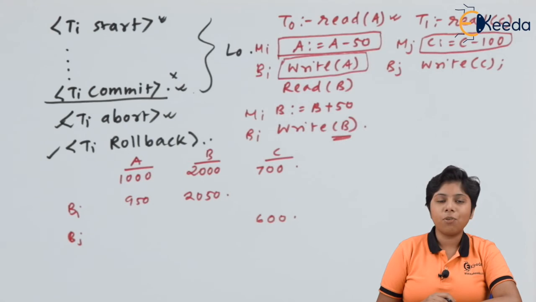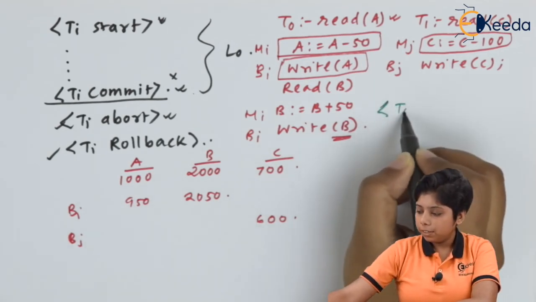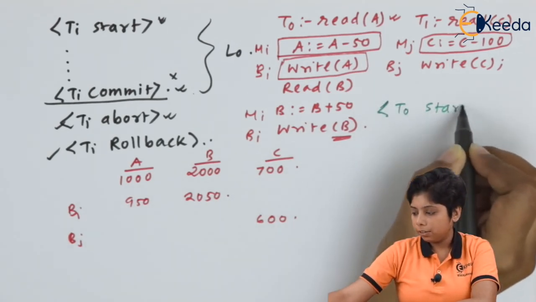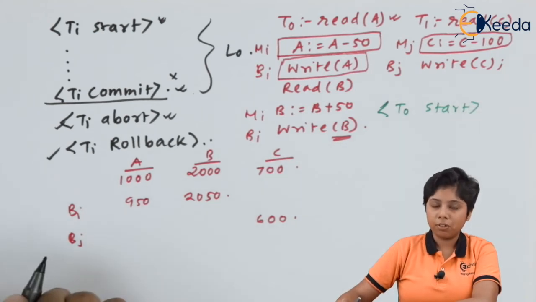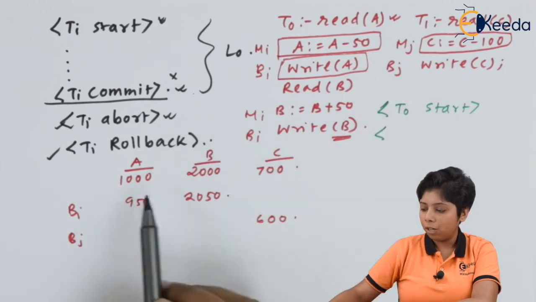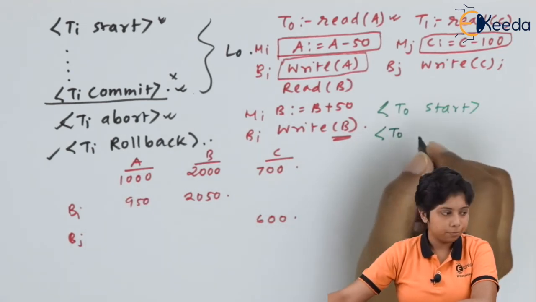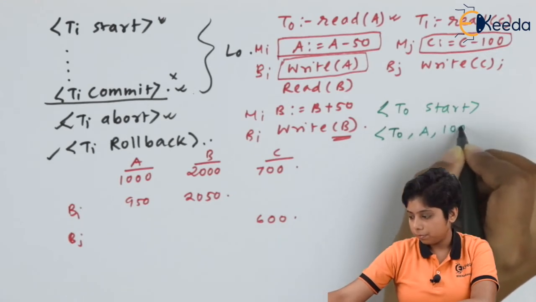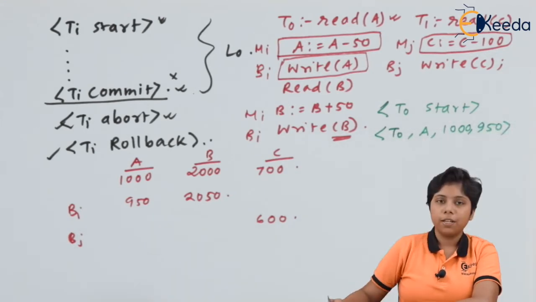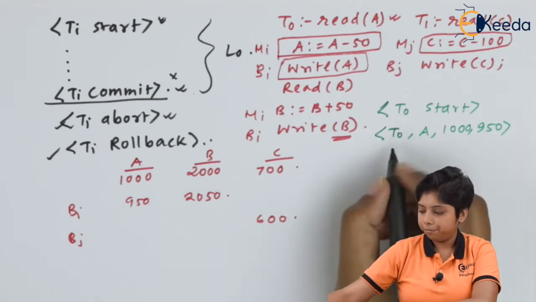Now how can we write a log performing all these transactions? Let us write the log now. So now my log will have T0 start, that is the starting of the transaction T0. After that it will have update the value of A 2950. Now it will have written this B to 2050.